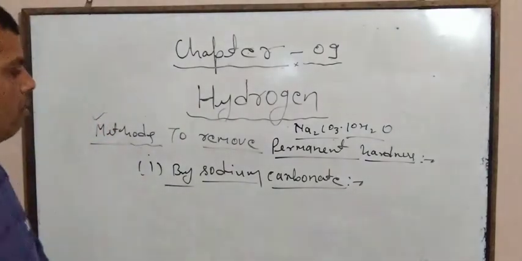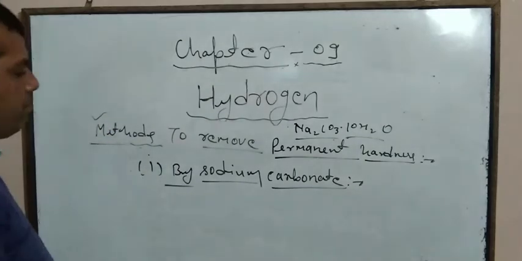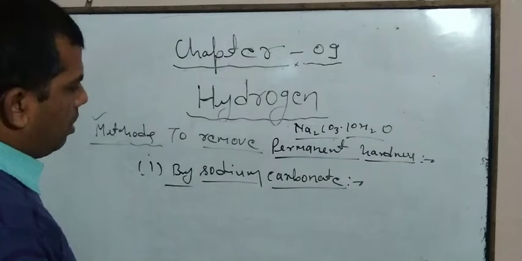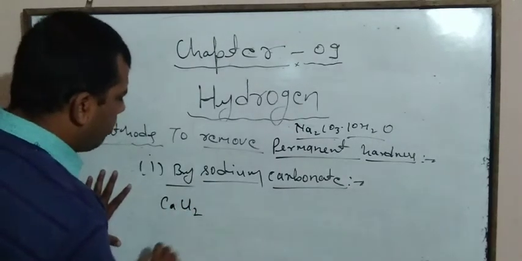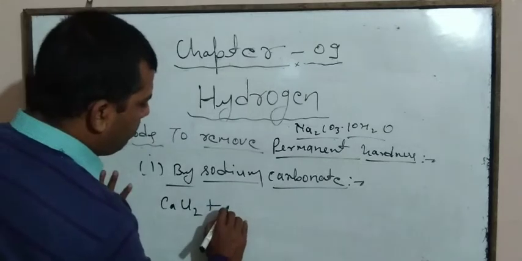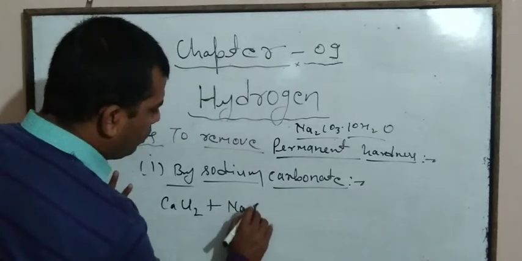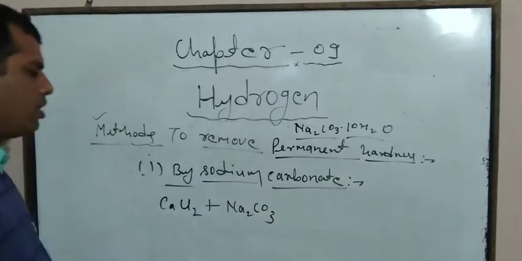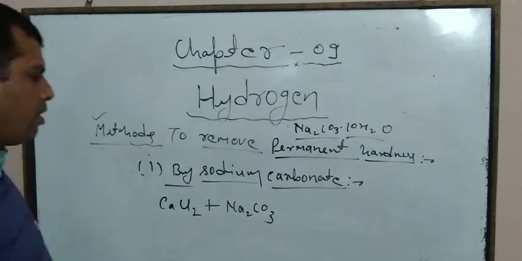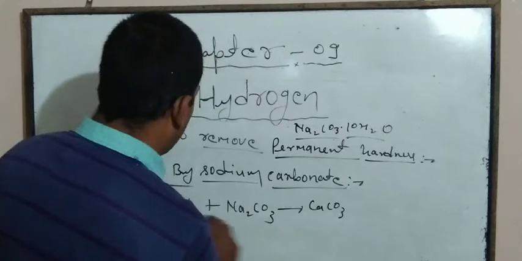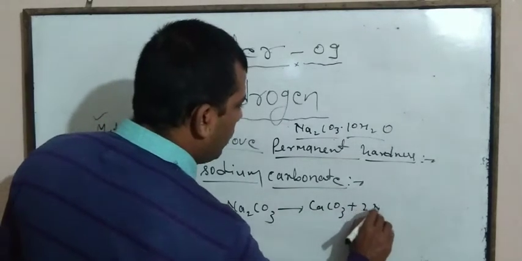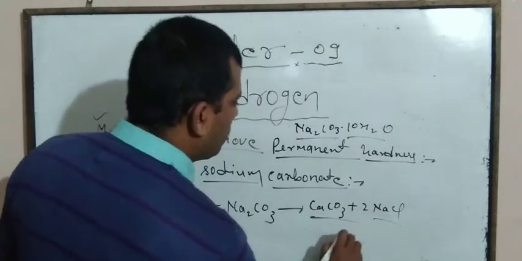Now, if calcium chloride, CaCl2, reacts with sodium carbonate, Na2CO3, then it forms CaCO3 plus 2NaCl, sodium chloride.